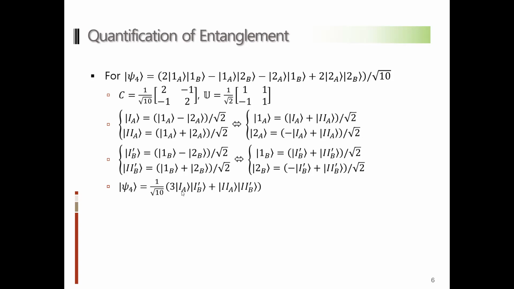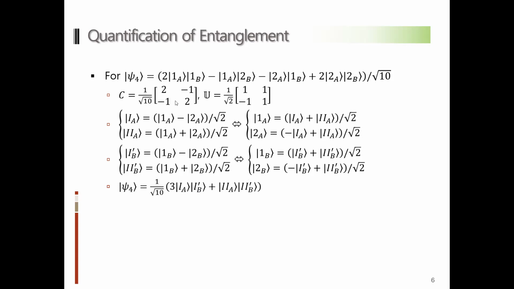In this case, the first vector in the A corresponds to the first vector in the B, and the second basis vector A corresponds to only the second basis vector in B. And this is exactly the shape of the entangled state.